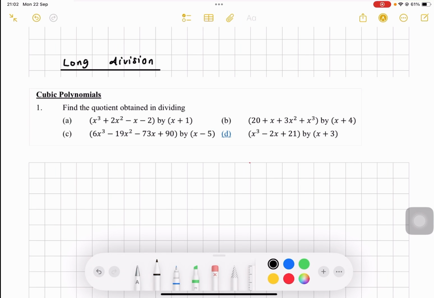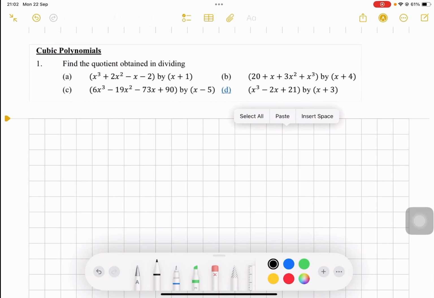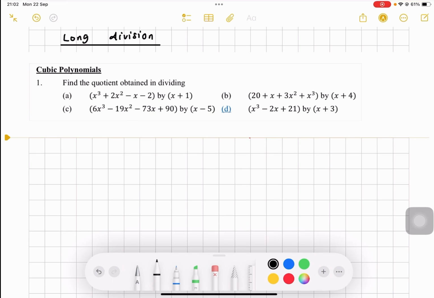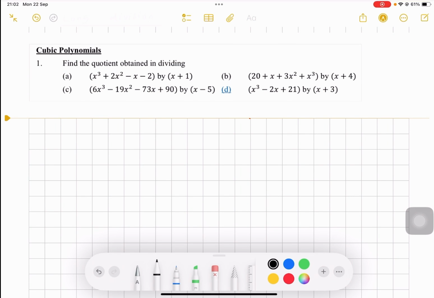Find the quotient obtained in dividing x cubed plus 2x squared minus x minus 2. We're just going to copy the question: x cubed plus 2x squared minus x minus 2 divided by x plus 1.